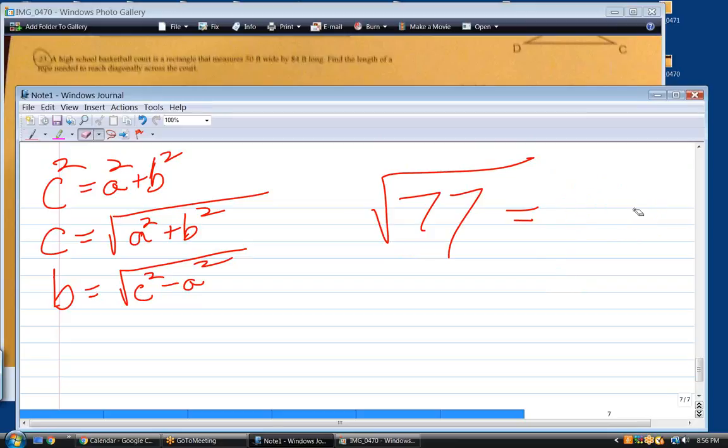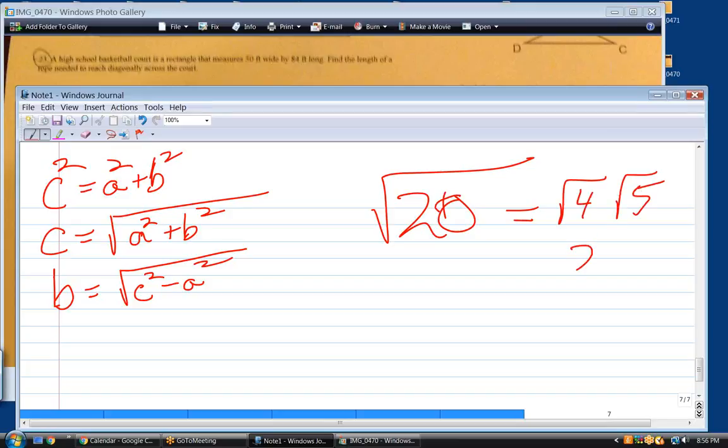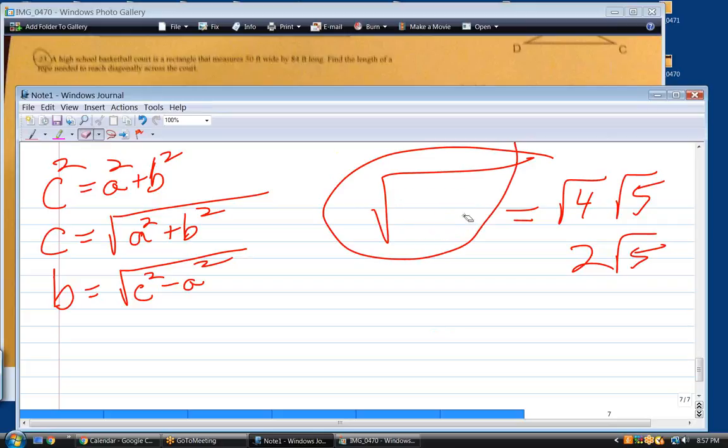Gotcha. In other words, I would never leave that like that, because square root of 20 becomes square root of 4 times square root of 5, which becomes 2 root 5. In other words, I can simplify that. I can't simplify root 10. Root 10 is not simplifiable.